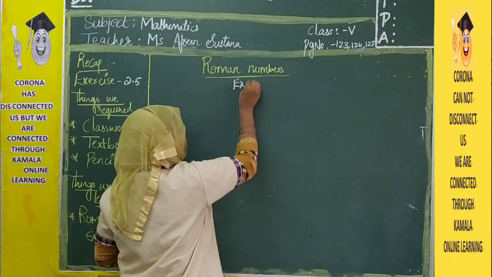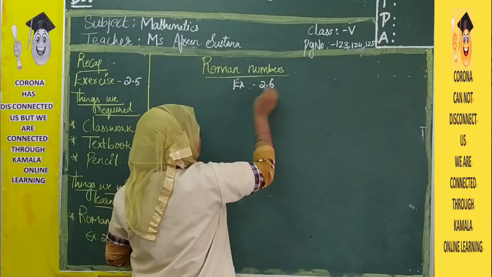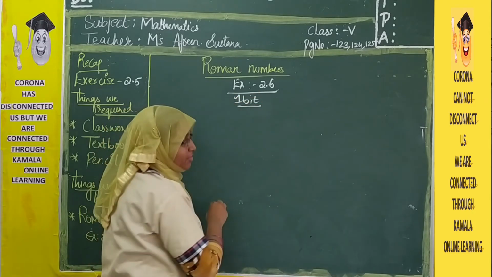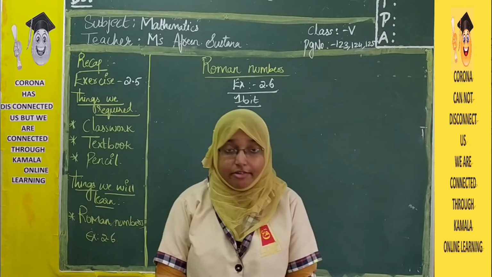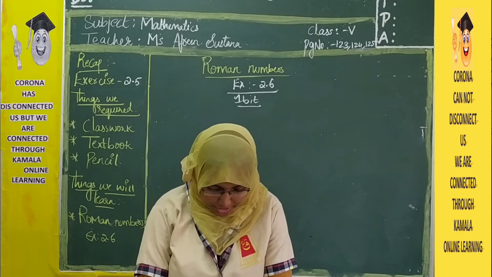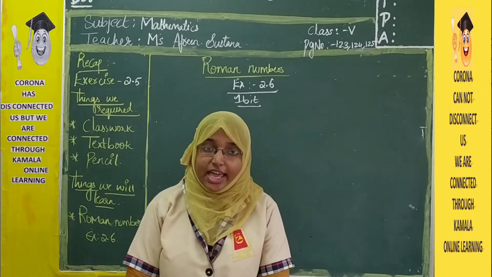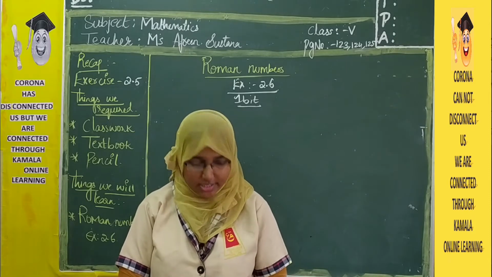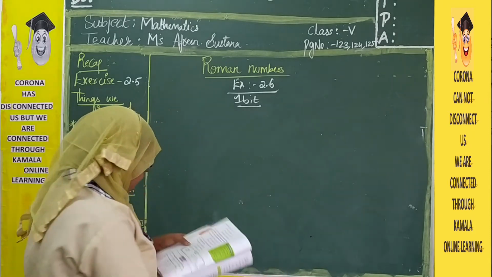Exercise 2.6, first bit. See what is the first bit? Write the corresponding Hindu-Arabic numeral for the following. They have given in Roman numerals. We will write in Hindu-Arabic numerals, that is our Indian system. Okay, let us see what is the first one.